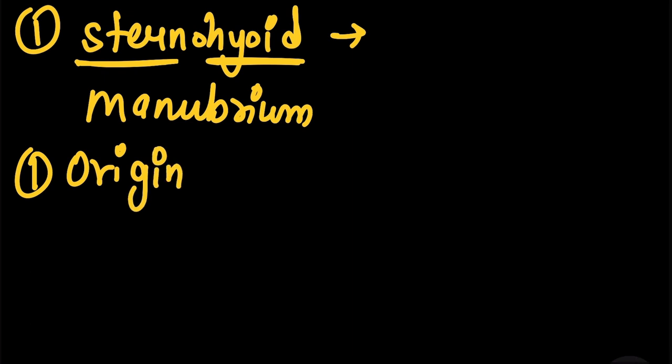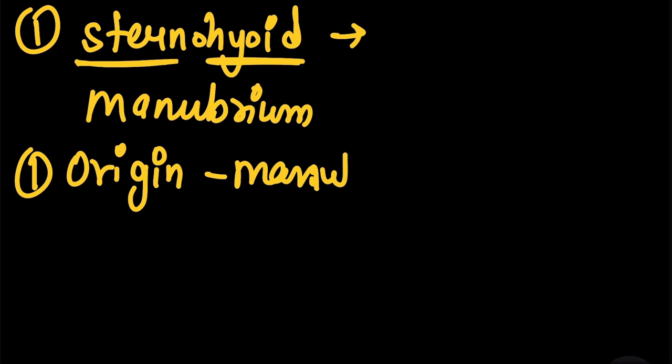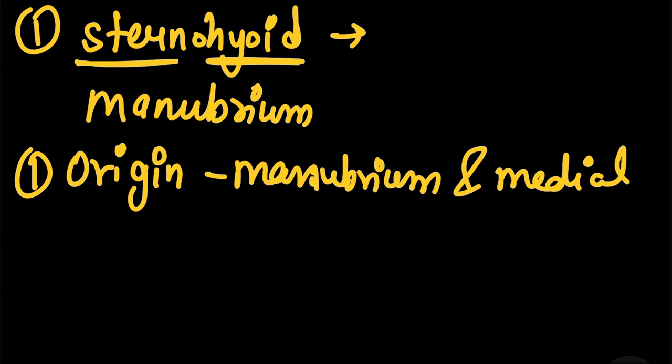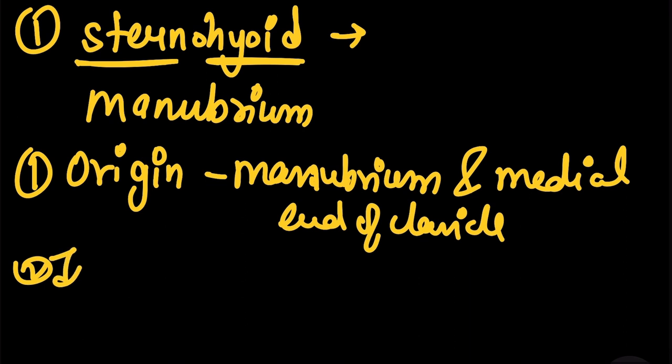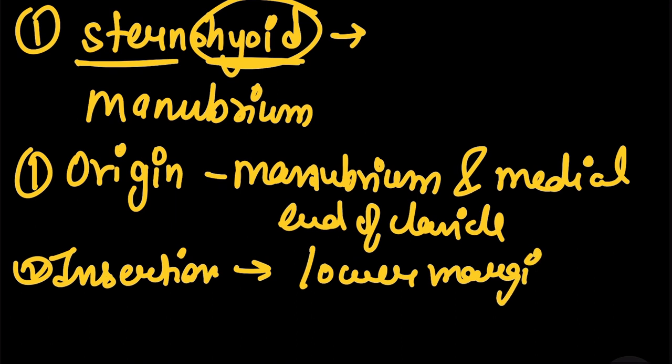Origin is from our manubrium and medial end of clavicle, whereas for its insertion we say that hyoid bone is involved in this, so we write it: insertion is in lower margin of hyoid bone.